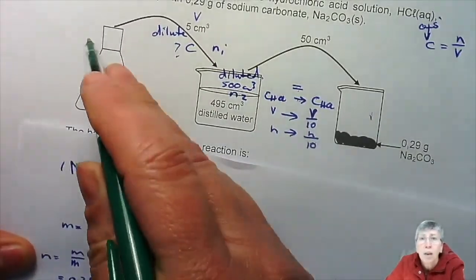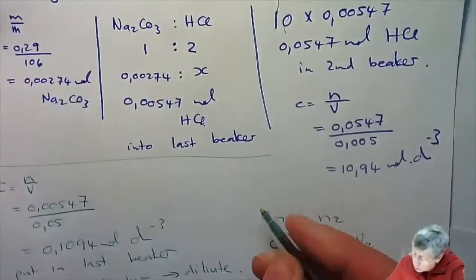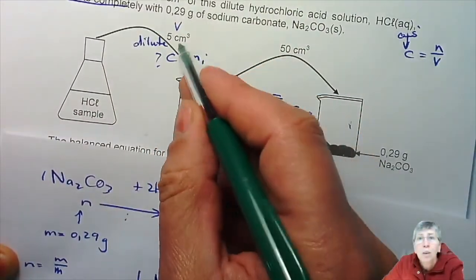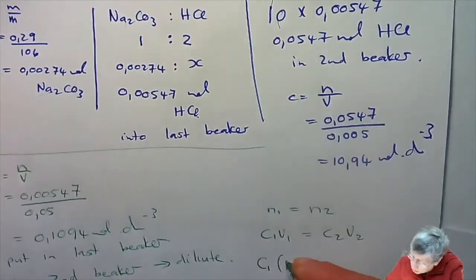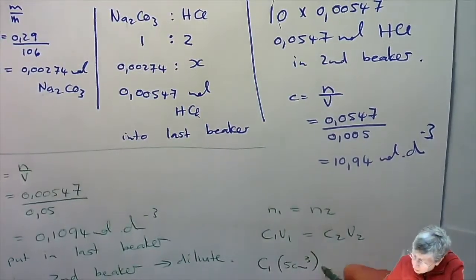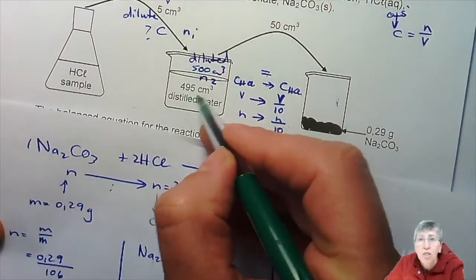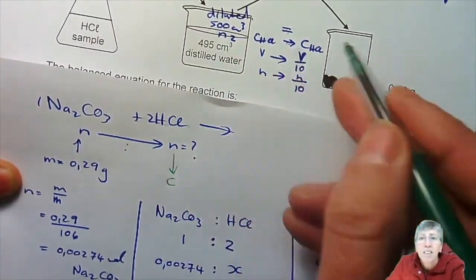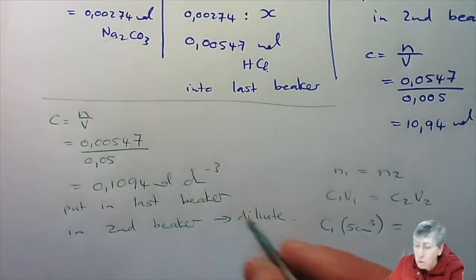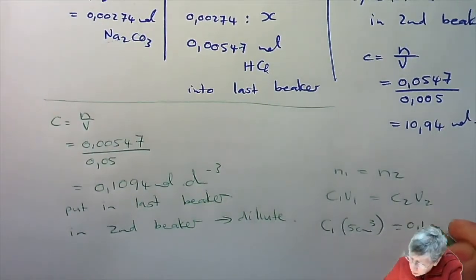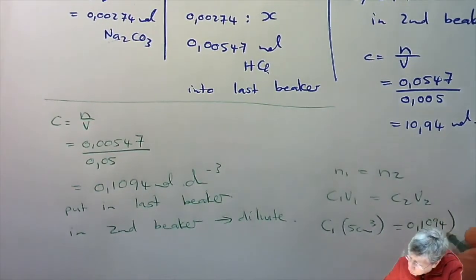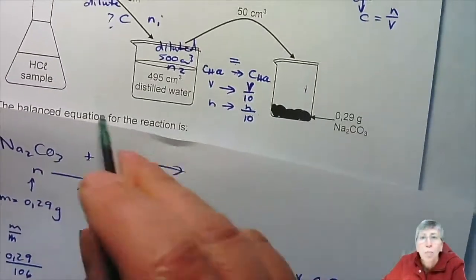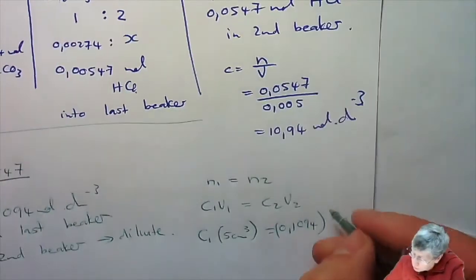That's what I'm looking for, that concentration that I put in. The volume that I put in was 5 cubic centimeters. And then afterwards, the concentration over here, that was what I put in there. Remember, it stayed constant, and that was 0,1094. And the new volume over there was 500 cubic centimeters.